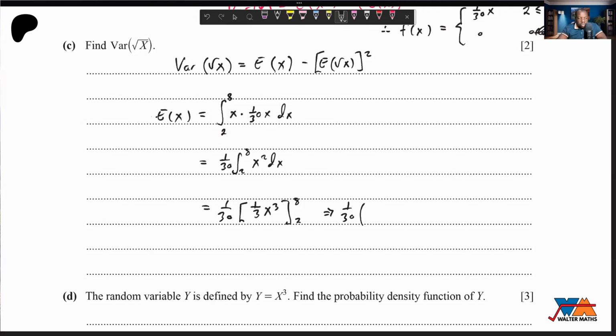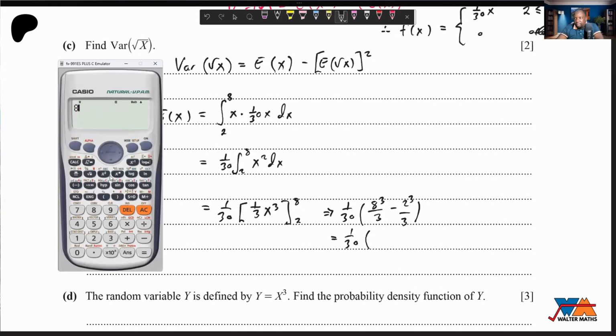That's equal to 1 over 30 of 8 cubed over 3 minus 2 cubed over 3 as well, which is basically 1 over 30 of 8 cubed minus 2 cubed. Now, 8 cubed is 512, and minus 8, that's 504.